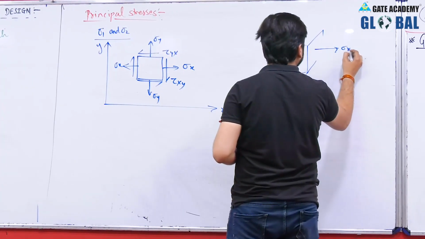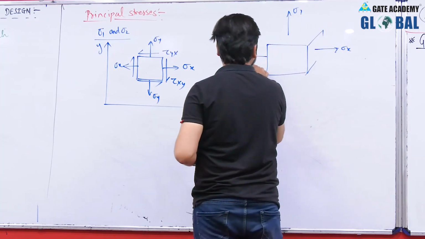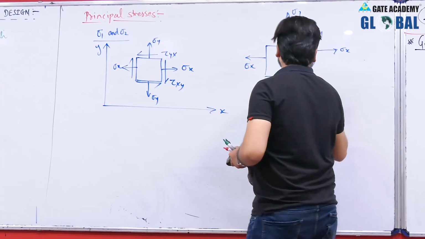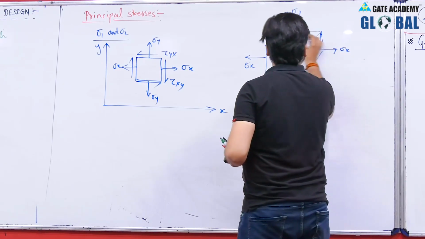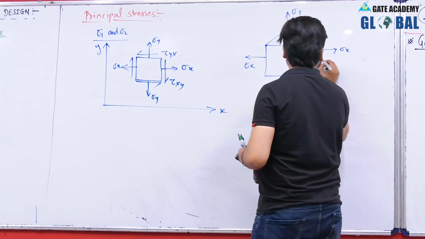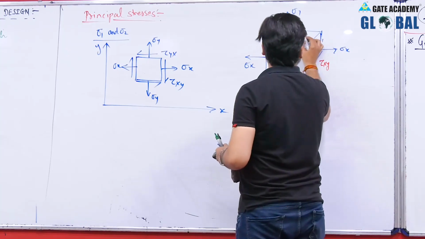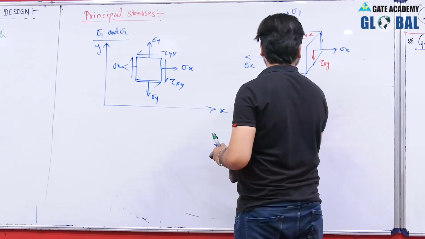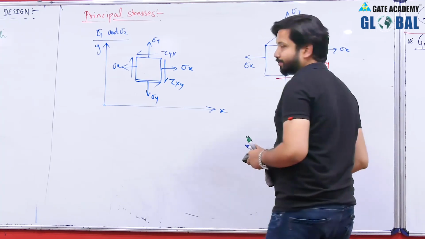This is sigma x. This is sigma y. And here we have the shear stress. This is tau xy. This is tau yx. This is again tau yx.